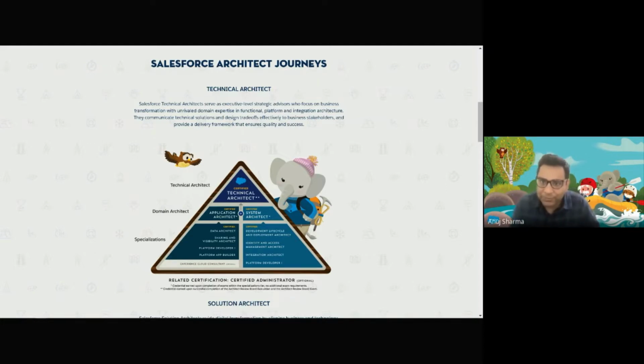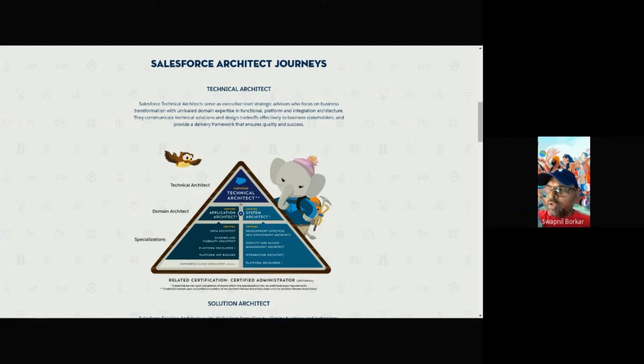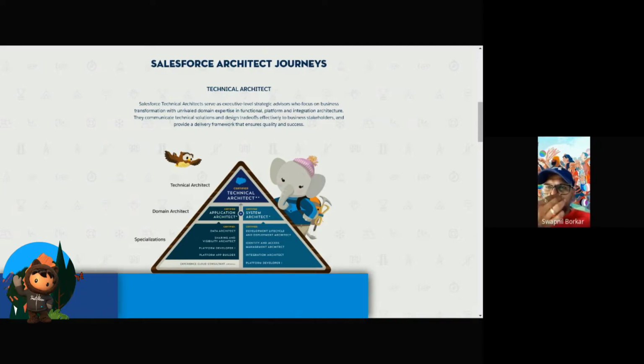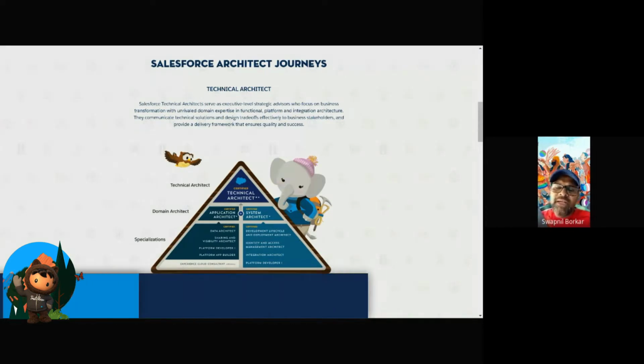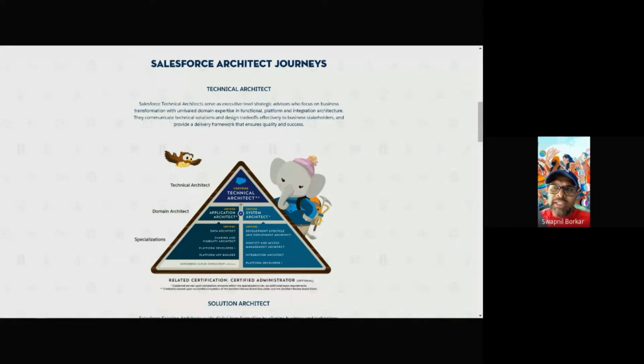Sorry, I have an insight on this. I did a bunch of certifications before joining Salesforce, and two years back, when I joined Salesforce, for one year I didn't get time because I was busy with client work. Then there was a deadline for me to finish all the remaining certs, and I started doing it last year.